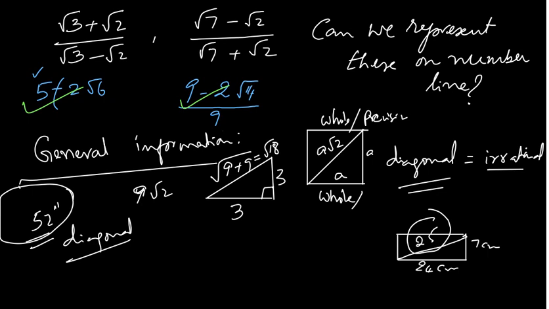Okay. So that's one. The same logic holds good even if you have a three-dimensional shape. Assuming this is a cube, if it's three-dimensional, then there is something called a principal diagonal.